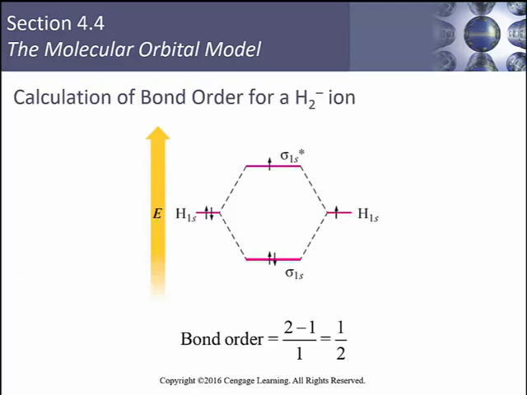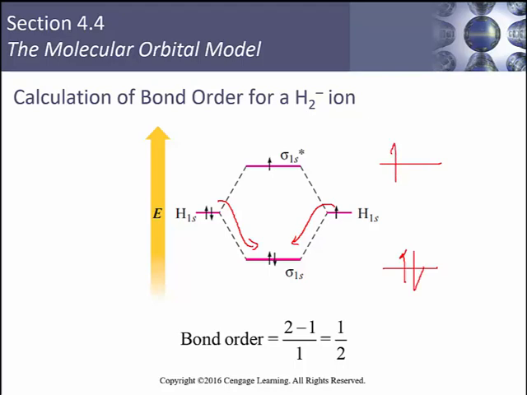So in our example for an H2 minus ion, right, our hydrogen minus is going to come in with an extra electron. So I've got 2 electrons on the left, 1 electron on the right. Right? One of these is going to go down. We're going to end up filling this up just like we would with our Aufbau principle. So we've got 2 energy levels here. We'll do 1, right, 2.